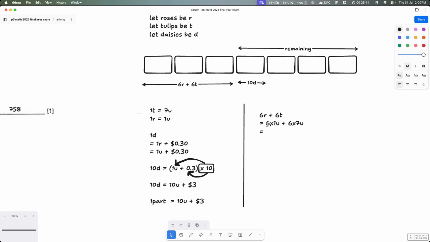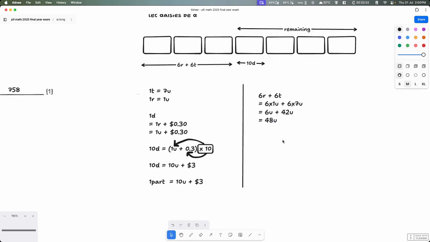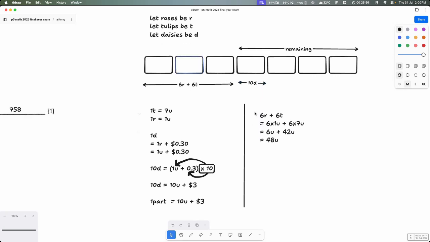So 6 times 1 unit is 6 units, and 6 times 7 is 42 units. Therefore, this will be 48 units. So now we know that 3 parts is equal to 48 units.